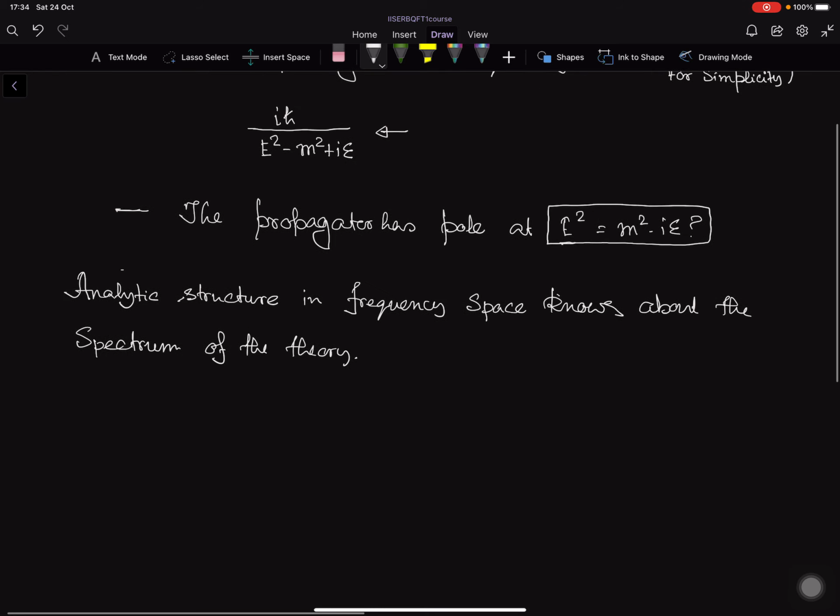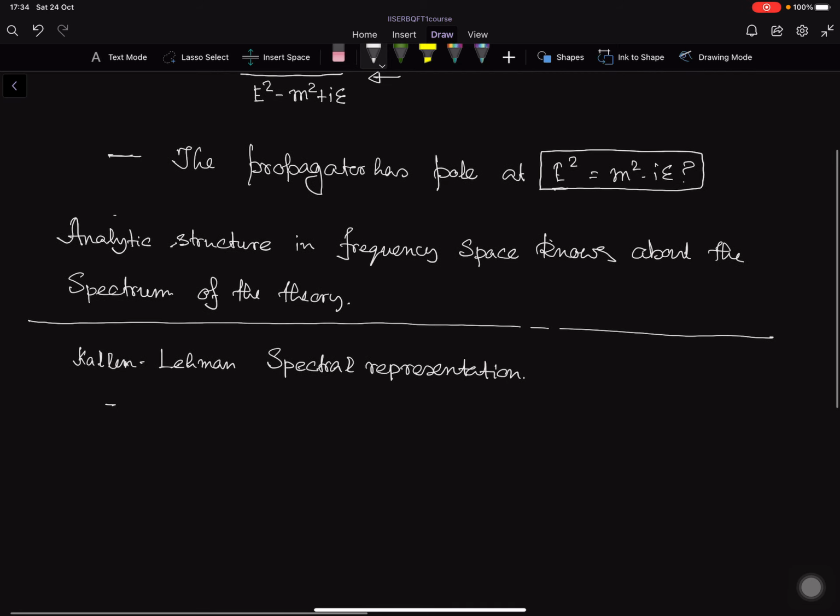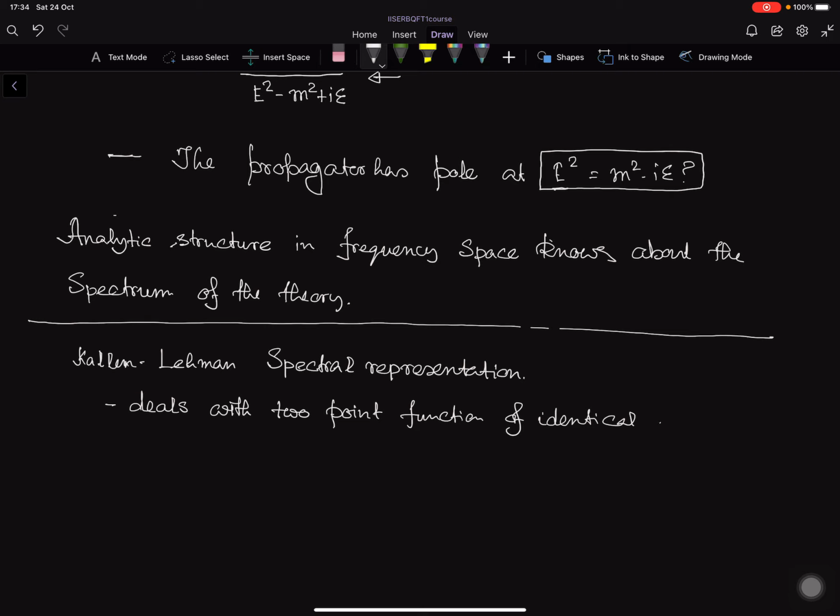The first thing we will discuss is known as the Källén-Lehmann spectral representation, which deals with the 2-point function of identical operators.